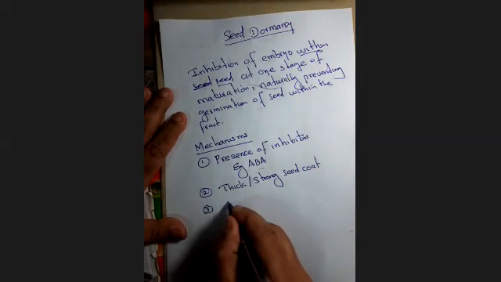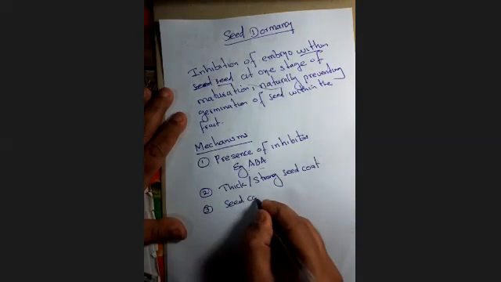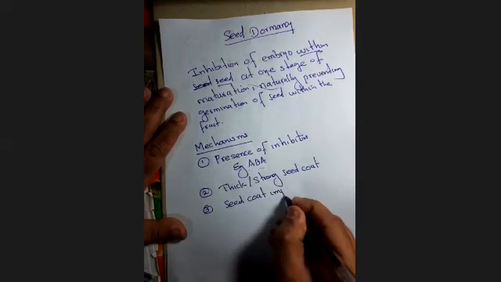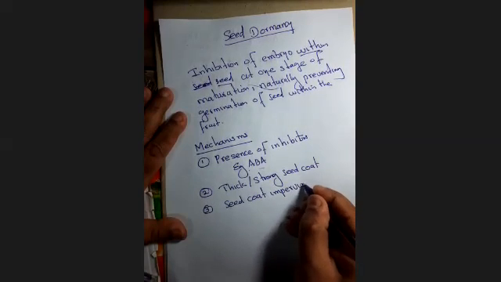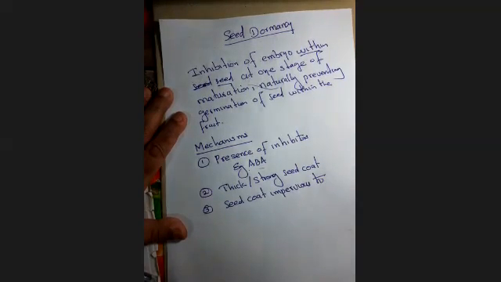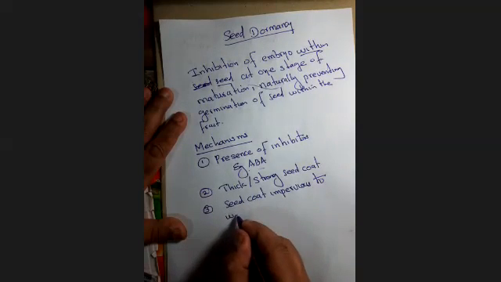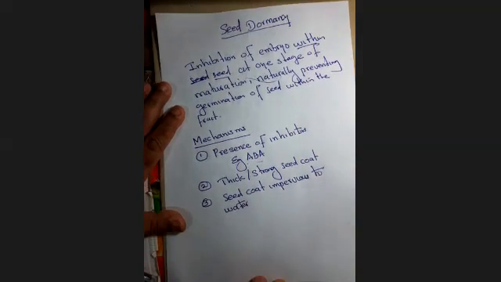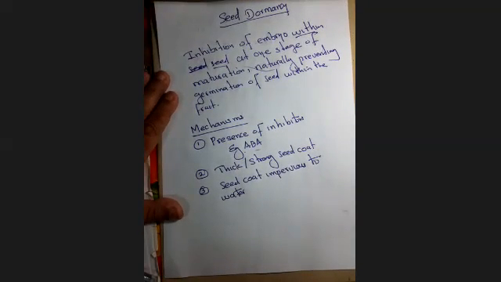Third, seed coat impervious to water. Seed coat not allowing water to go in. If water goes in only, the enzymes inside the seeds will be activated. Then only the germination process can take place. So, seed coat being impervious to water, another adaptation.